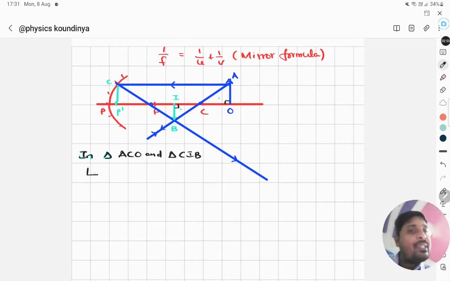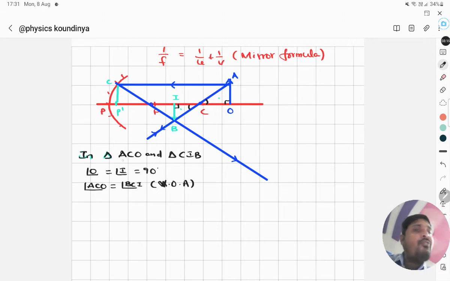So what are the two angles there? Angle O is equal to angle I is equal to 90 each. And can we equate these two angles? These are vertically opposite angles. Angle ACO is equal to angle BCI. Therefore, we can say these two triangles are similar to each other.